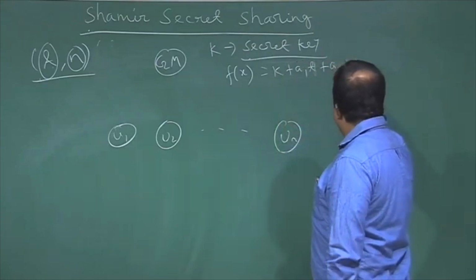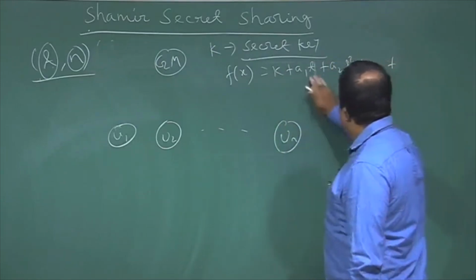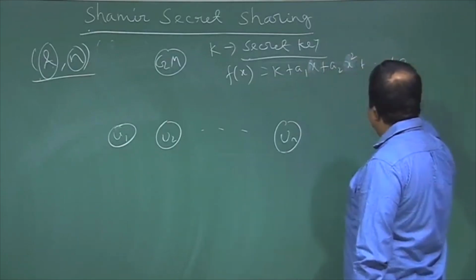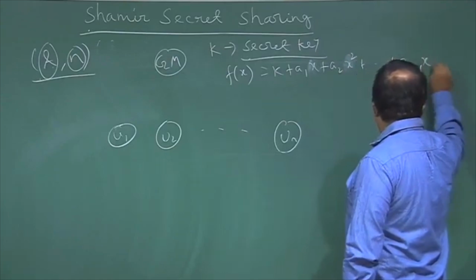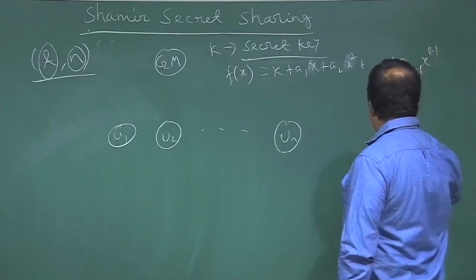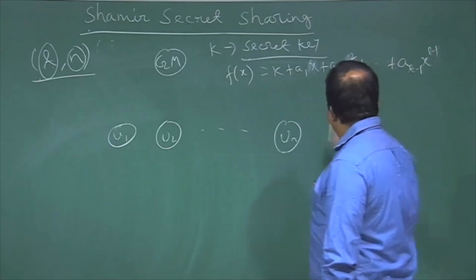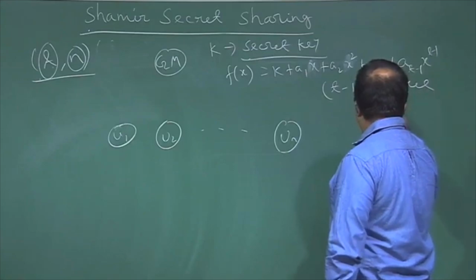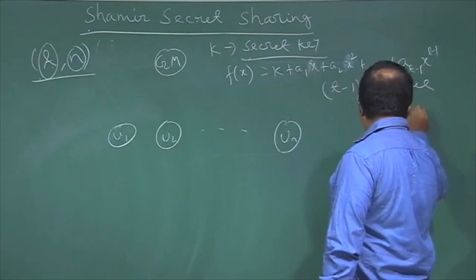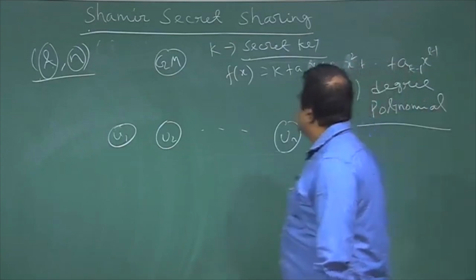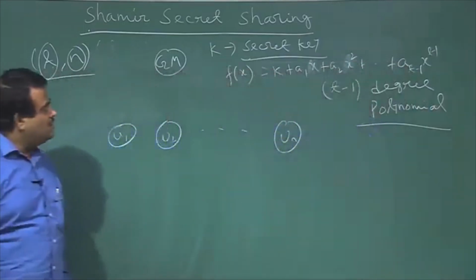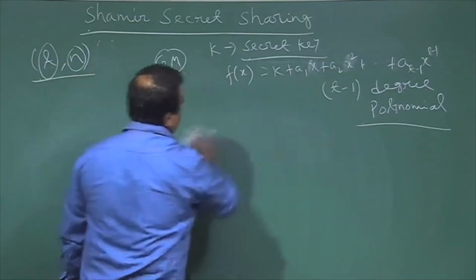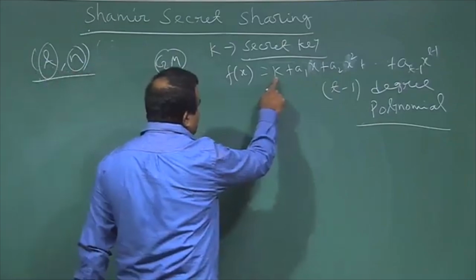So the group manager chooses a t minus 1 degree polynomial and puts k as the constant.